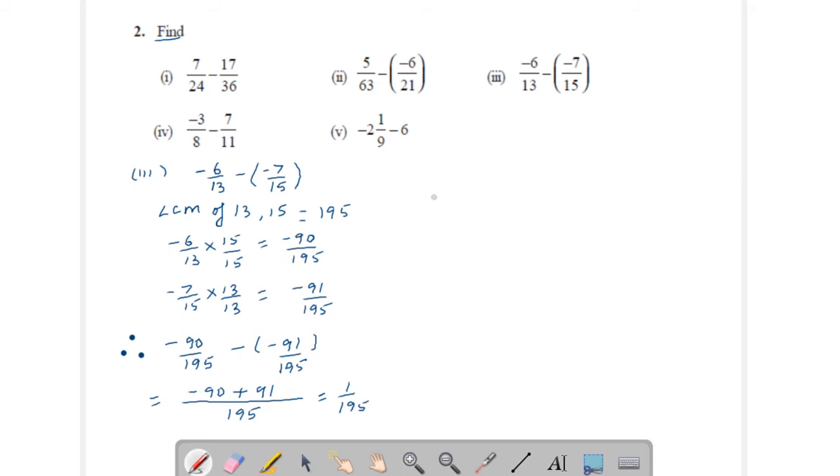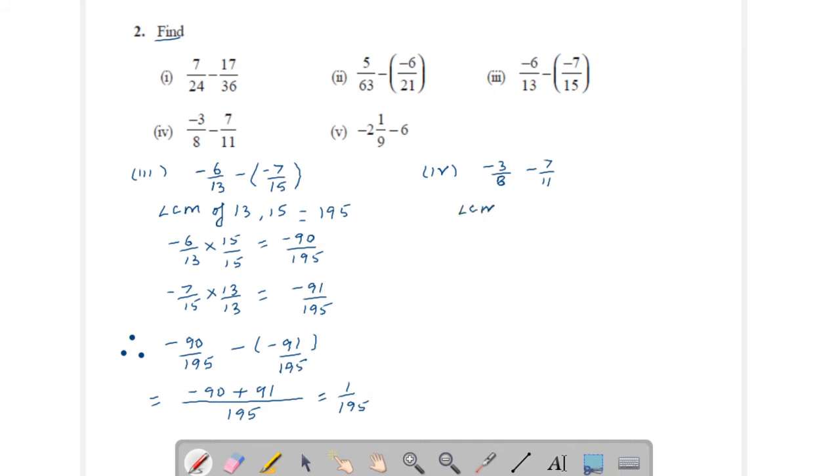Now come to fourth part. It is minus 3 upon 8 minus 7 upon 11. Here denominators are not same. Take LCM.